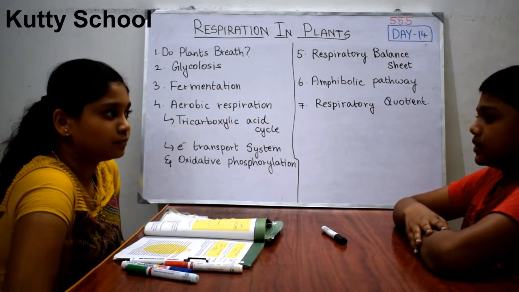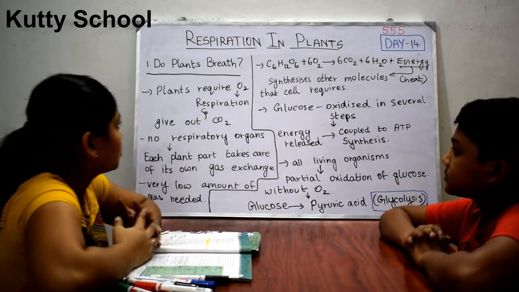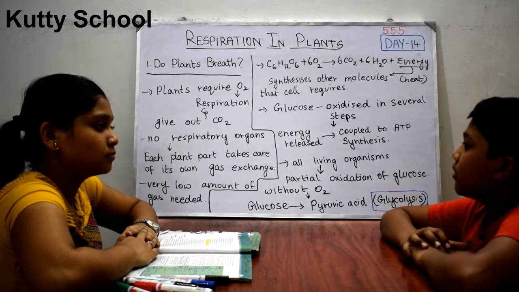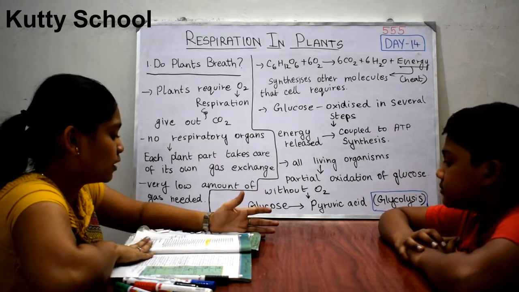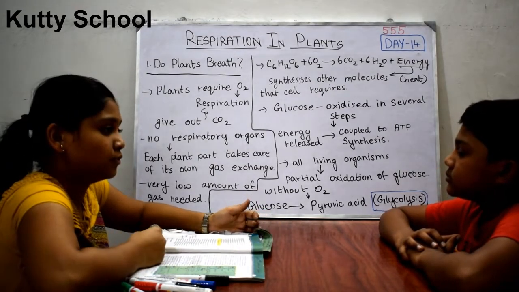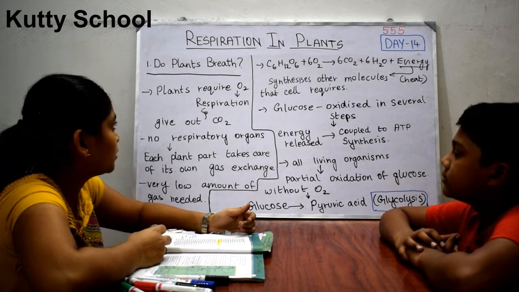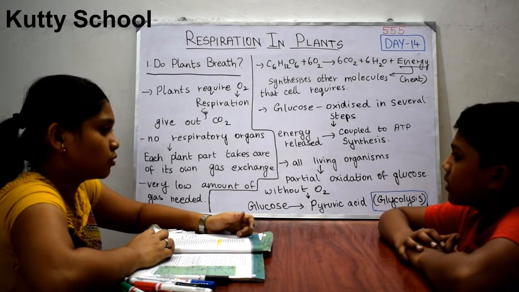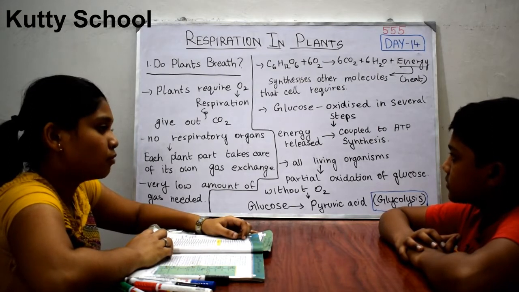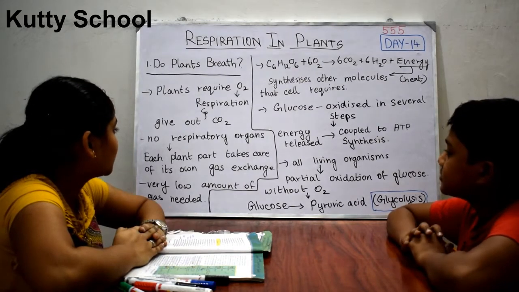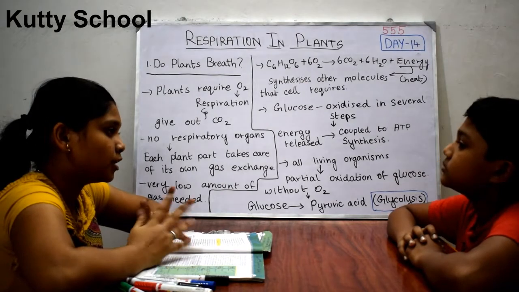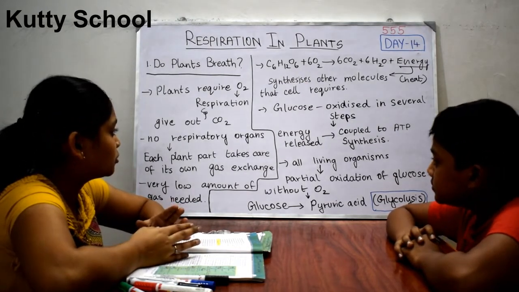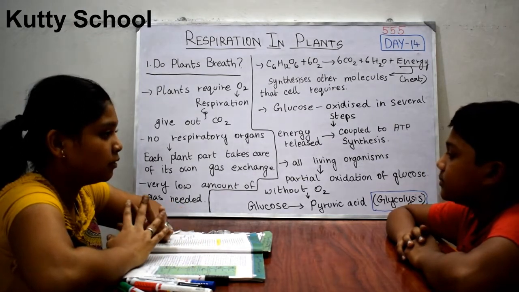Now we are coming to the first topic in respiration in plants, which is: do plants breathe? We have seen in the last chapter, in photosynthesis, that plants breathe. Plants require oxygen for respiration, and they give out carbon dioxide. For this respiration, plants do not have any respiratory organs like the nose and lungs that we animals have.